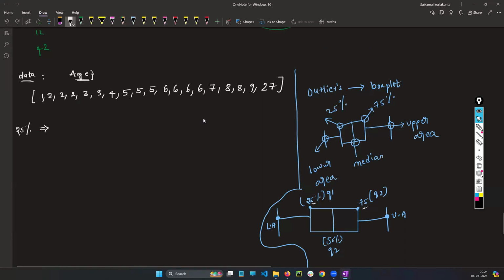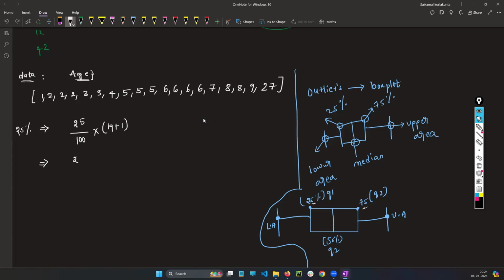So for 25 percentage, what is the formula? 25 divided by 100 into n plus 1. You can see the formula on the top. Total how many values? 3, 6, 9, 12, 15, 18, total 19 values. 19 plus 1 is nothing but 20.